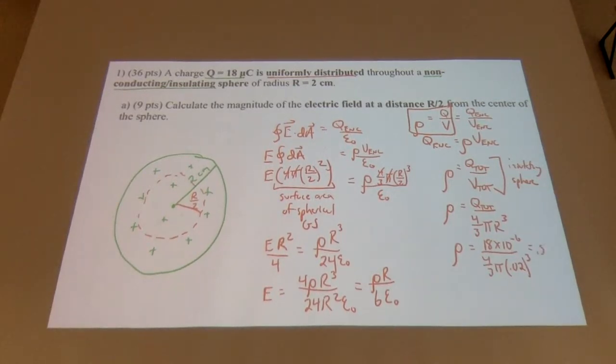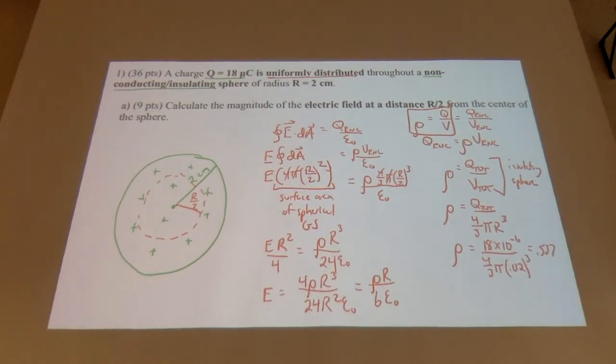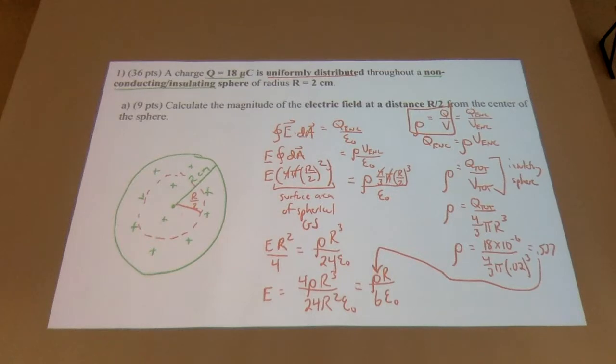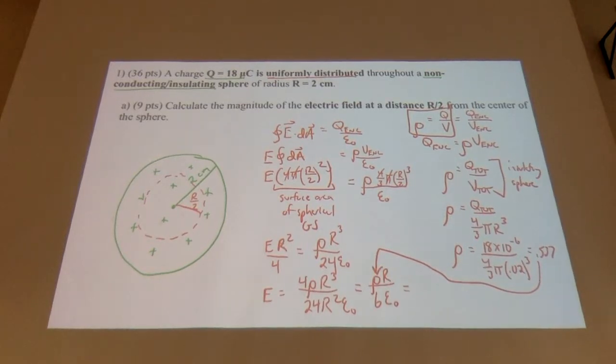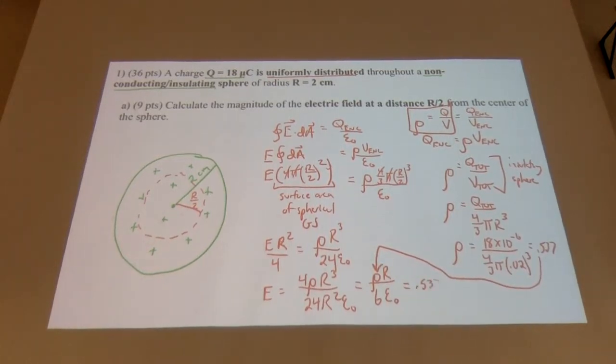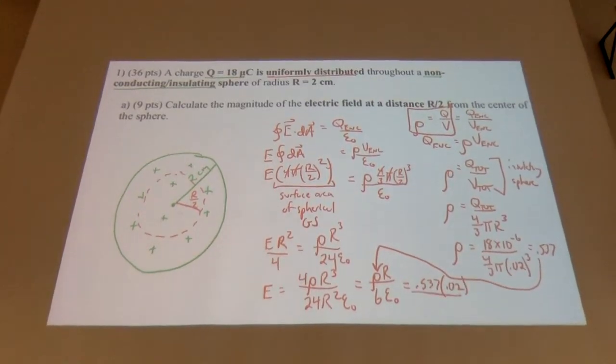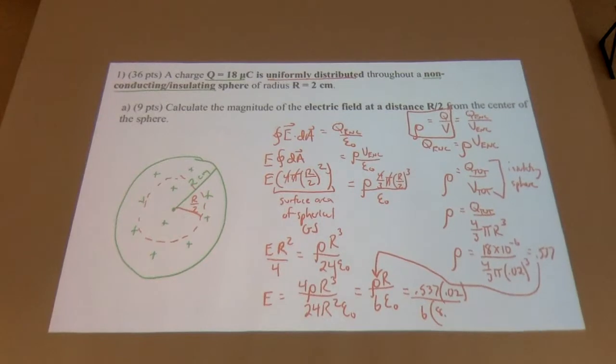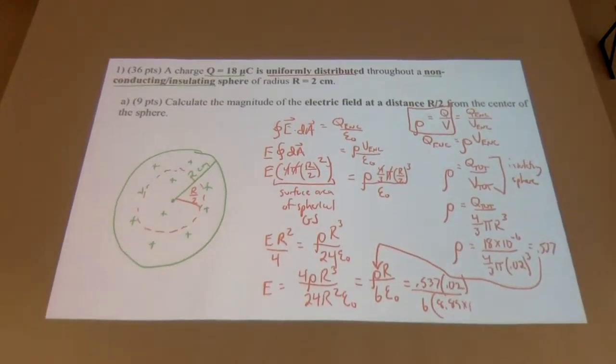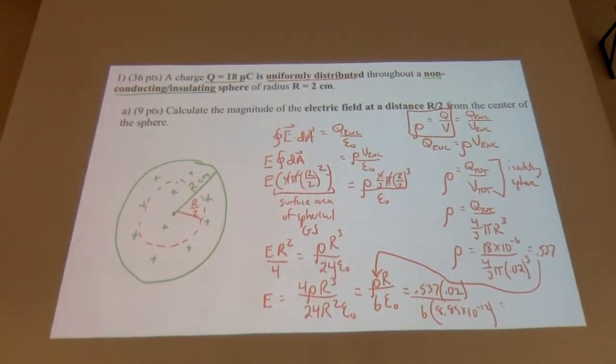What'd you get? 0.537? I'm going to trust that that's right, because we're going to plug it in over here with the other values that we have and hopefully get the number that I have. So 0.537 times 0.02 divided by 6 times 8.85 times 10 to the minus 12.